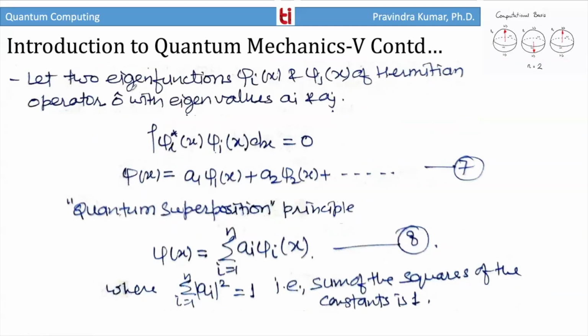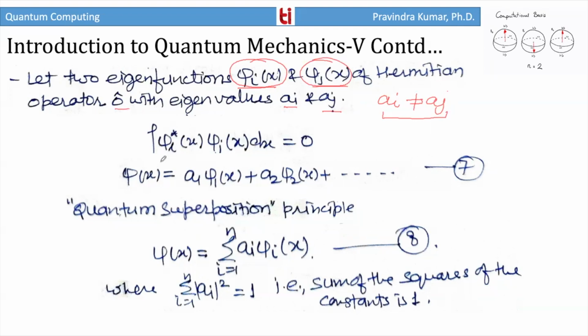Here, if I consider two eigenfunctions psi i(x) and psi j(x) of Hermitian operator O with eigenvalues ai and aj, and if ai is not equal to aj, then these eigenfunctions psi i(x) and psi j(x) are orthogonal.